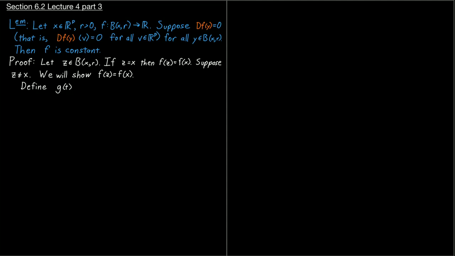Define g of t, that is f of x plus t times z minus x, for all t in the interval from 0 to 1. So g is now a function from this closed interval to the real numbers.